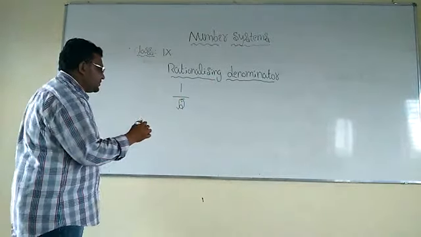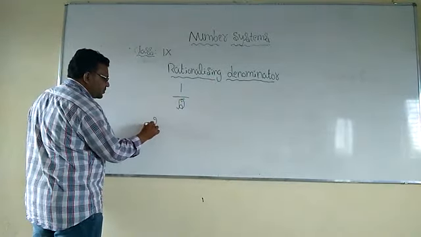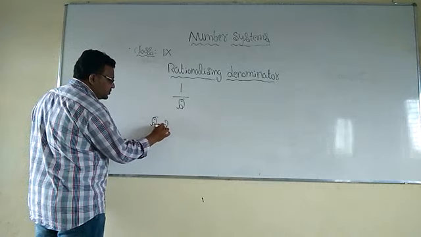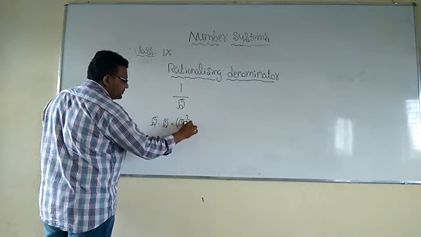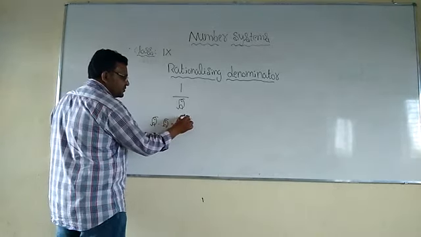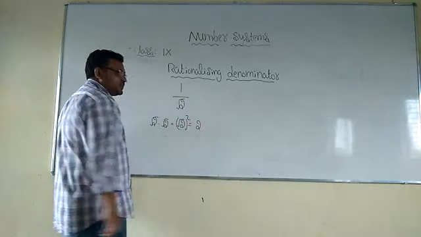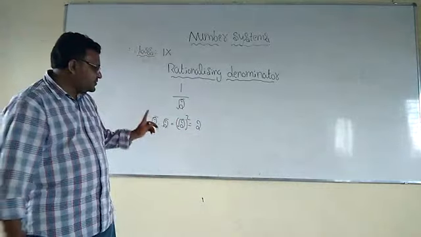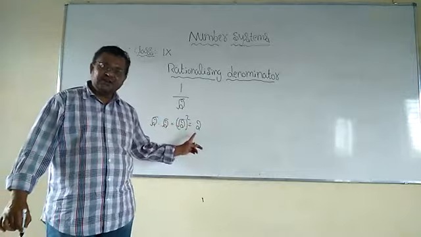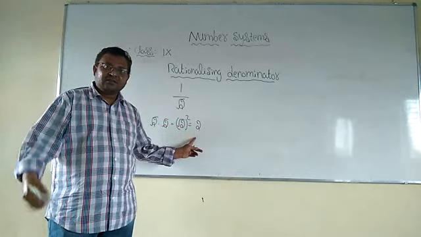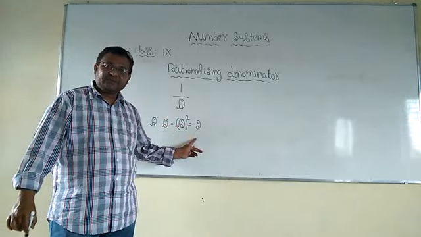How it is done, we know root 2 into root 2 means root 2 whole square. A square and root will get cancelled, then remains 2. If you multiply a square root with another square root, then we are getting a rational number.